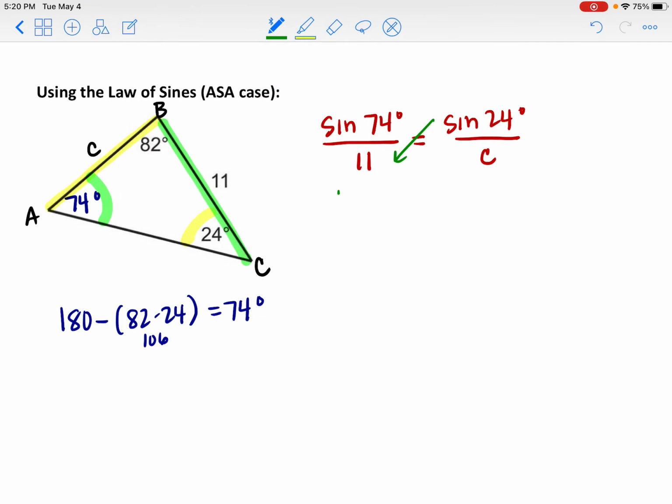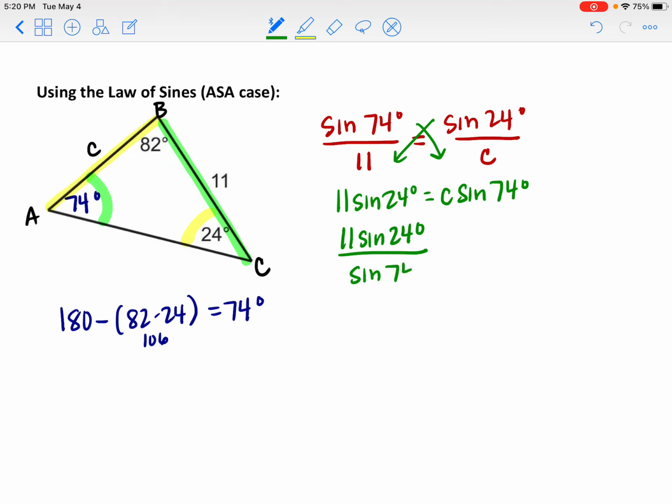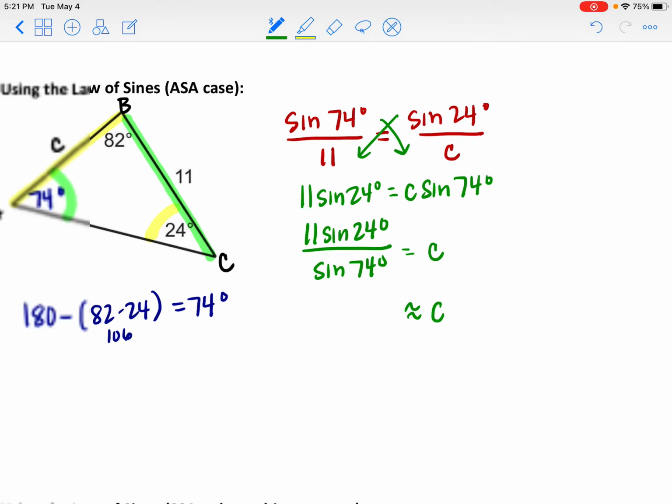Cross multiply. So 11 times the sine of 24 degrees has to equal c times the sine of 74 degrees. So I'm going to have to divide that over to get c by itself. So 11 times the sine of 24 degrees divided by the sine of 74 degrees is the exact value for c, and we will approximate that.